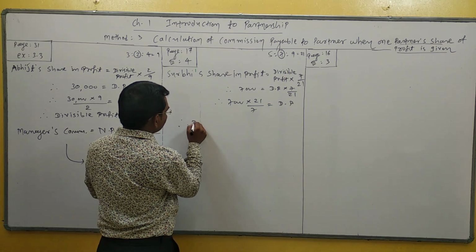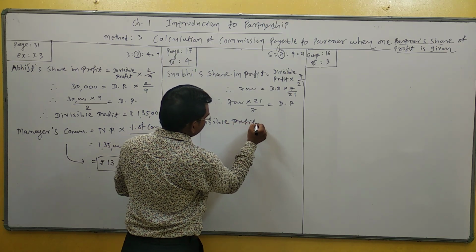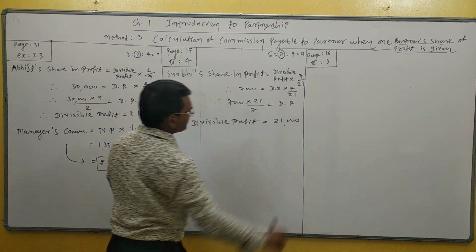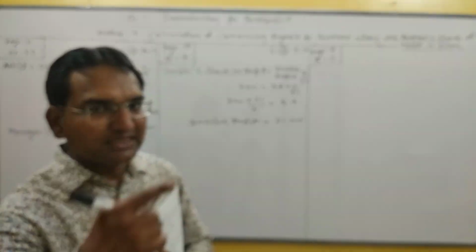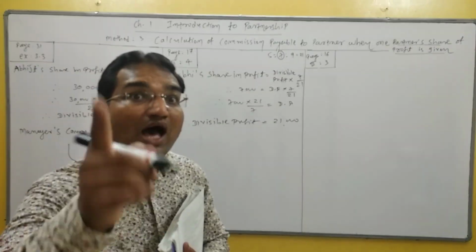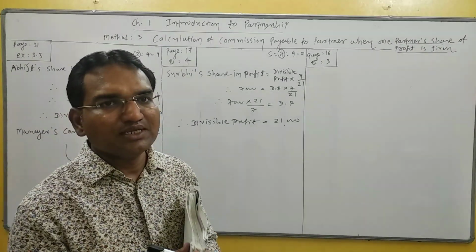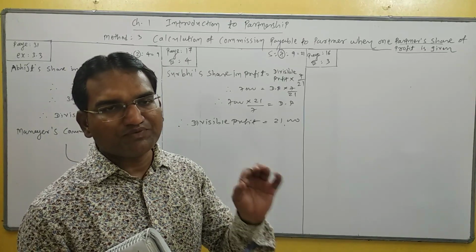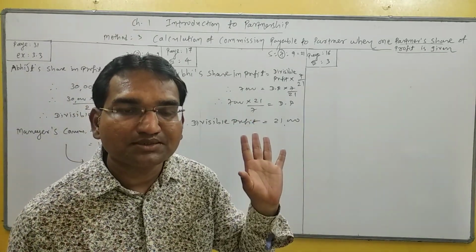So what is your divisible profit? Divisible profit is equal to 21,000. Students, again I will repeat, this is the profit after deduction of commission, because divisible profit is divided between partners after deducting all expenses.